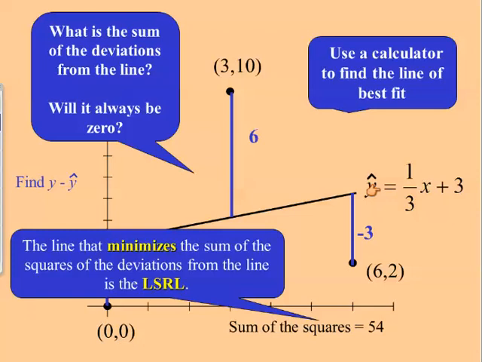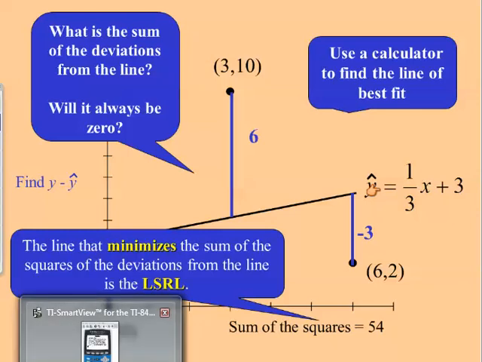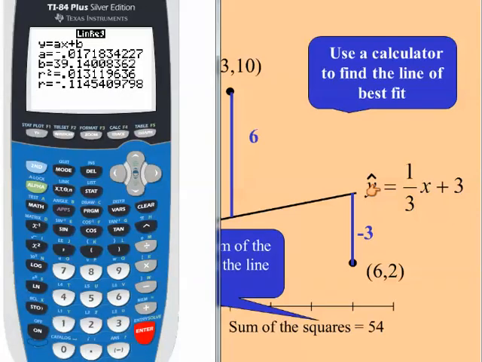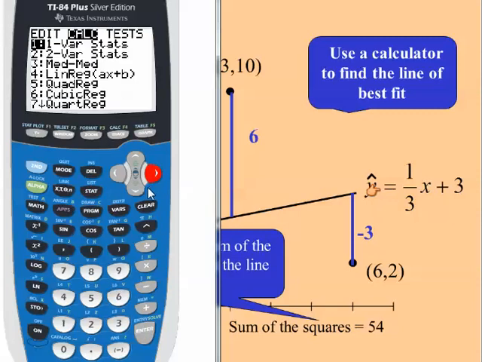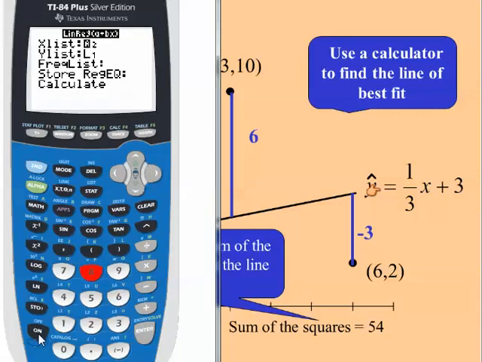Okay? So how did I do this on the calculator? I think that if you go back and look at what we do in the lessons, they actually show you how to do this. But what I'm doing here is pressing Stat, going over to Calc, and then number 8 is a least squares analysis.